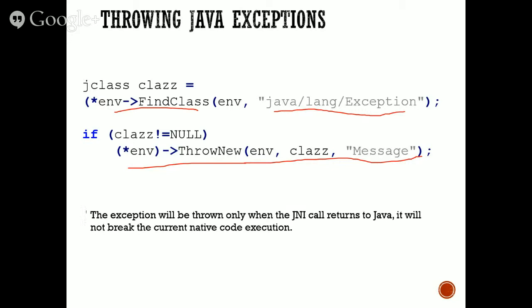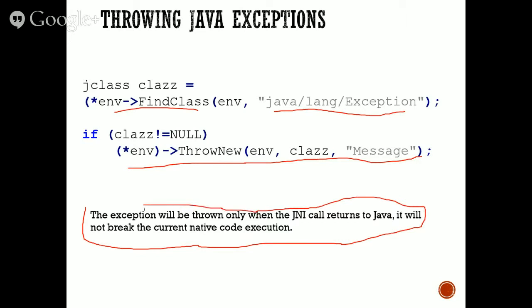As you can see, the exception will be thrown only when you return the call back to Java. So in between the native function, you will not be able to throw the Java exception. So that needs to be handled. The moment there is an exception, you need to throw the Java exception and immediately return back to the Java function.